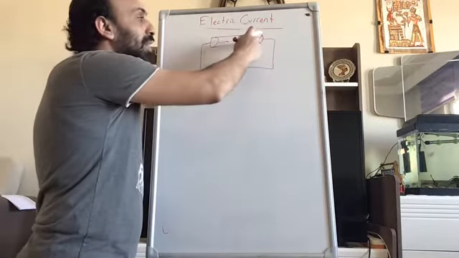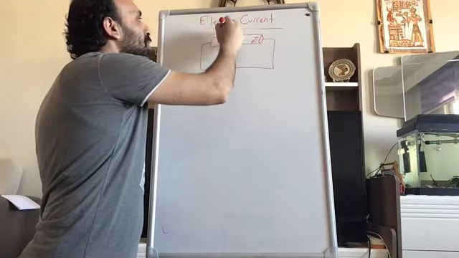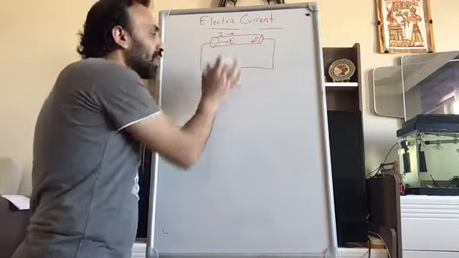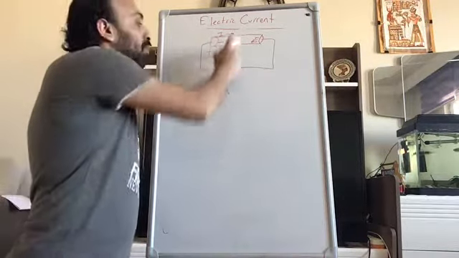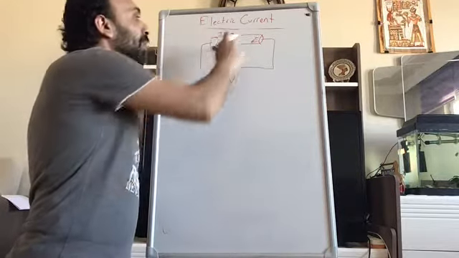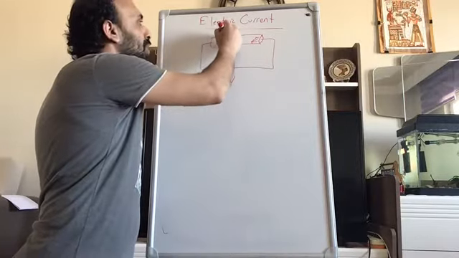Remember, the motion of the electrons is in the opposite direction of the electric field, but we are going to assume the electric current will be in this direction. So when we connect it to a power supply, we are going to observe some electric current through this material. So I'm going to call it I1.